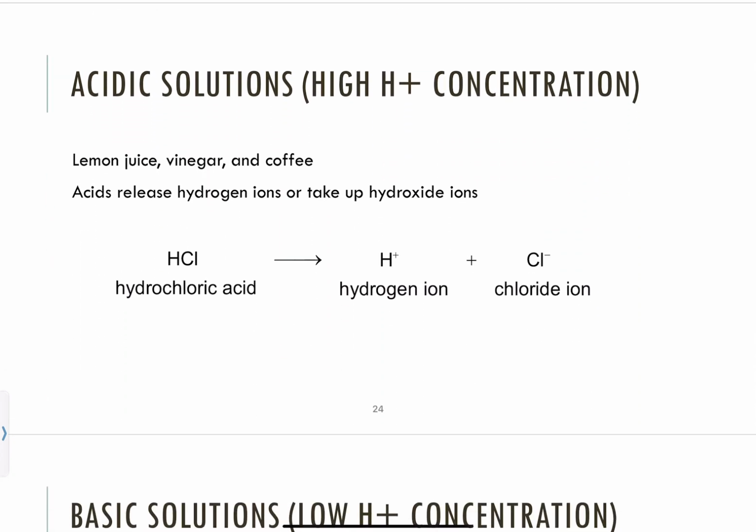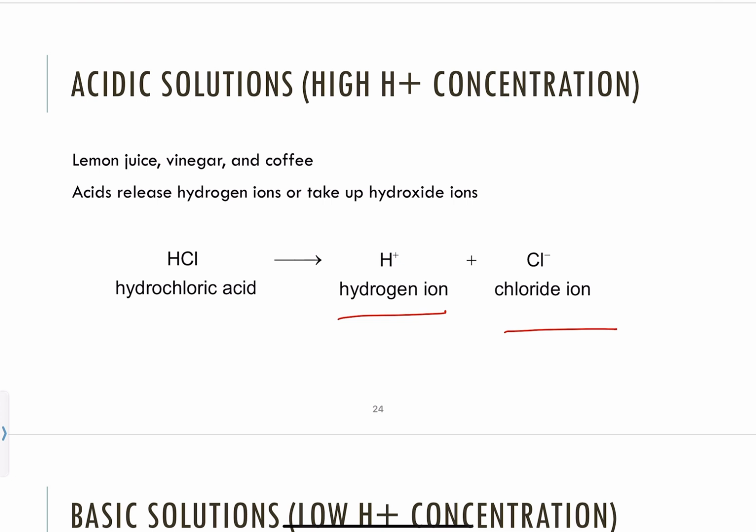Acids are substances that increase the concentration of hydrogen ions in a solution. They can do this either by directly releasing hydrogen ions or by removing hydroxide ions, which has the same net effect. For example, hydrochloric acid is a strong acid found in your stomach. When it dissociates in water, it releases hydrogen ions and chloride ions.